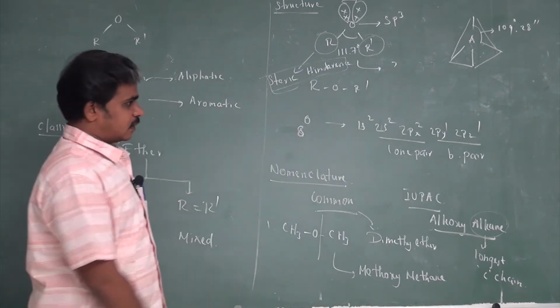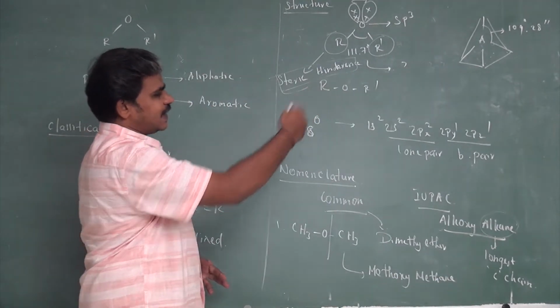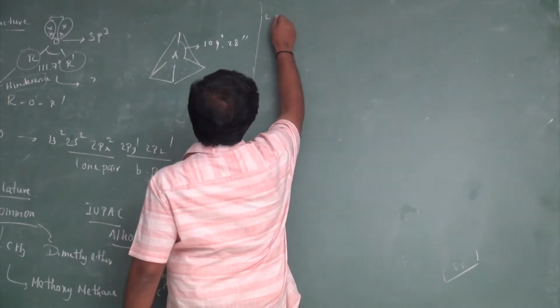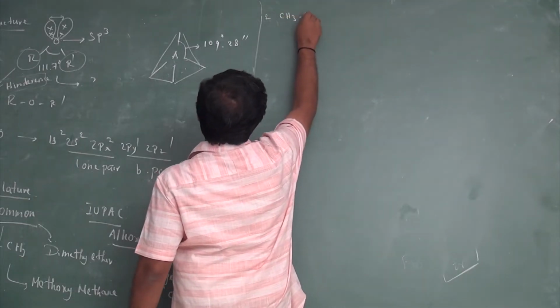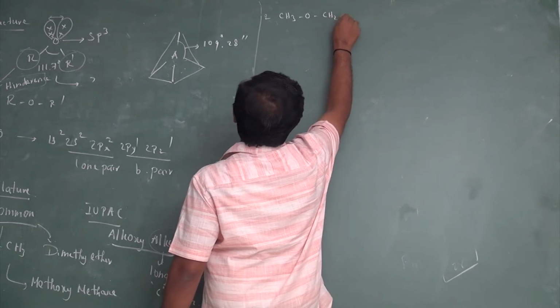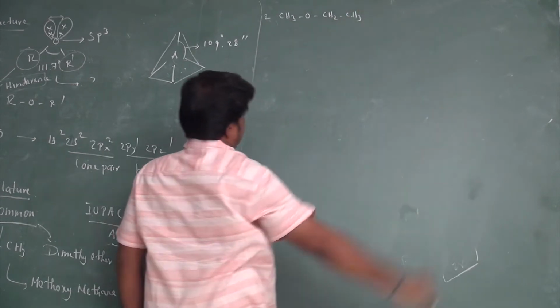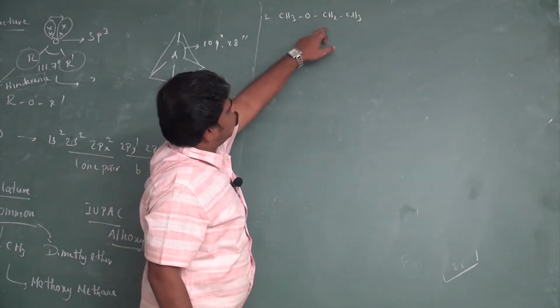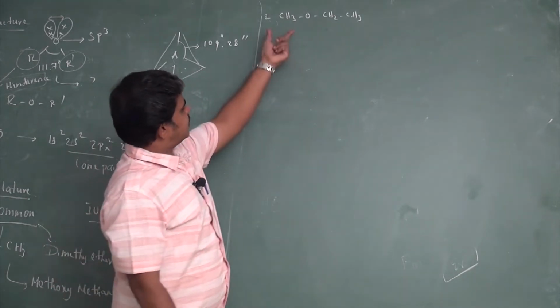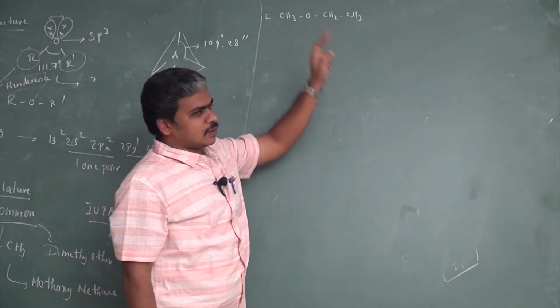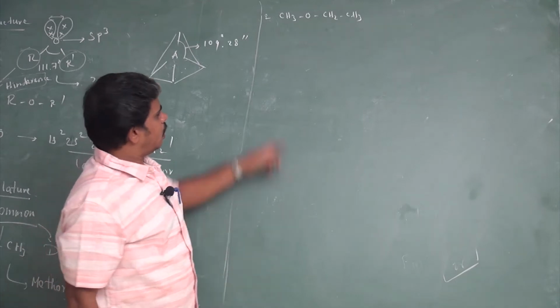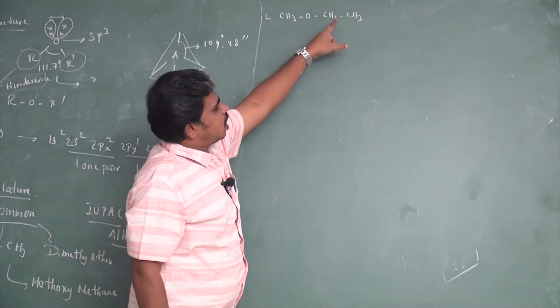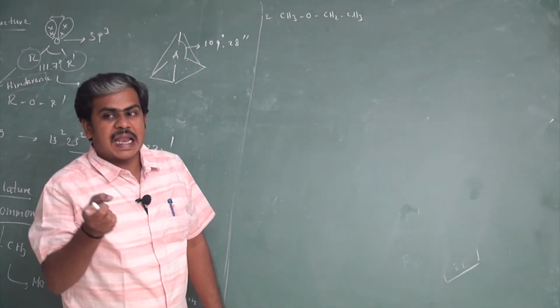Methoxy methane. Likewise, we may take the second one. Here it is CH3O, CH2, CH3. Now, there are two types of alkyl group: one is a methyl group and here an ethyl group. The longest carbon chain is considered as the alkane.